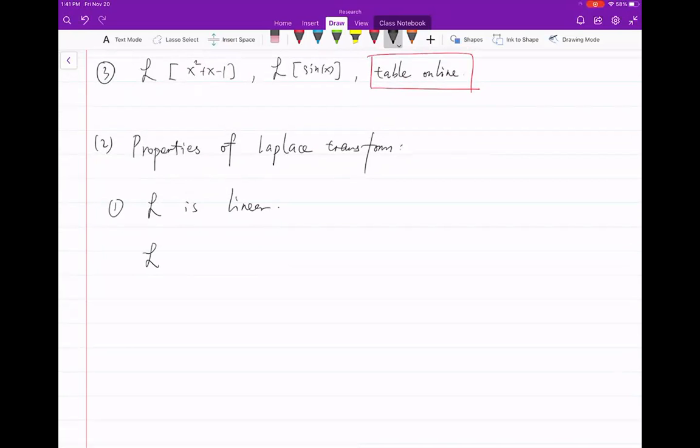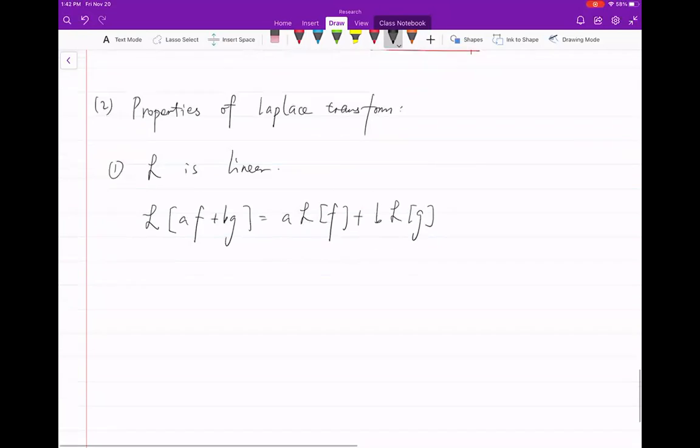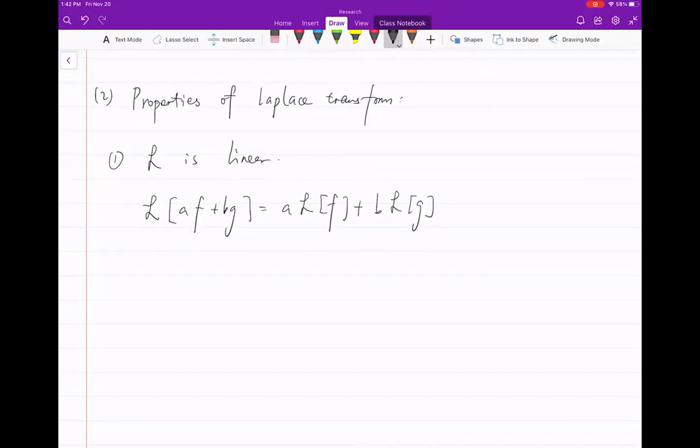That means L of aF plus bG equals aLF plus bLG. It's linear.